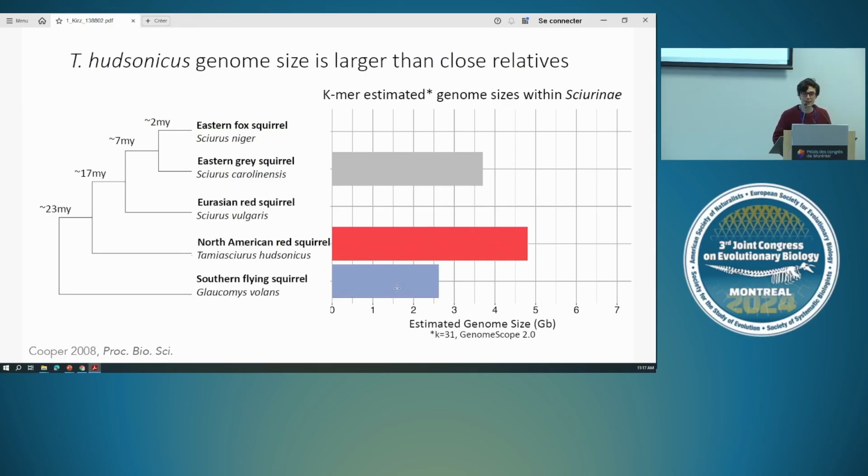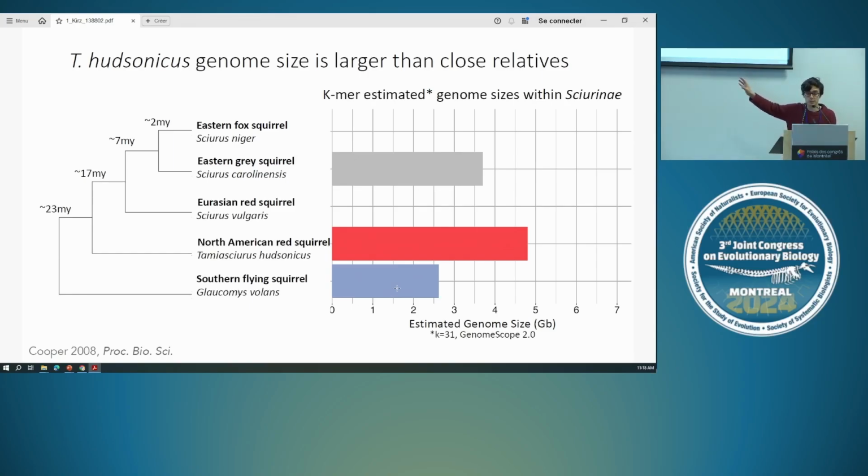We did not expect to find this when we set out to assemble the genome of the North American red squirrel, but we've discovered that it has a much larger genome size than other related squirrels. On the left, you can see a simplified phylogeny of the family Sciurinae, that is the tree squirrels combined with the flying squirrels.